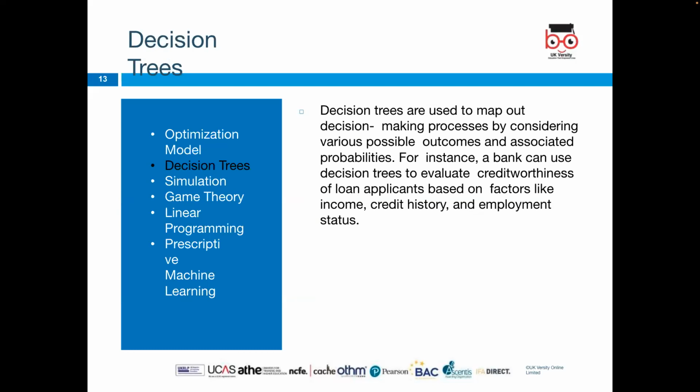Decision trees are used to map out the decision-making process by considering various possible outcomes and associated probabilities. For instance, a bank can use decision trees to evaluate the creditworthiness of loan applicants based on factors like income, credit history, and employment status.